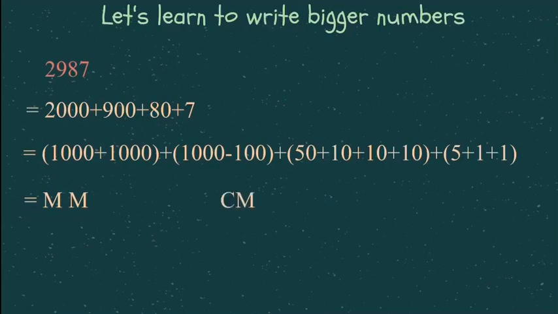Then we have CM to represent the subtraction 1000 minus 100. Then to represent this sum 50 plus 10 plus 10 plus 10, we have LXXX. And lastly we have VII. So the Roman number representation for the number 2987 would be shown.